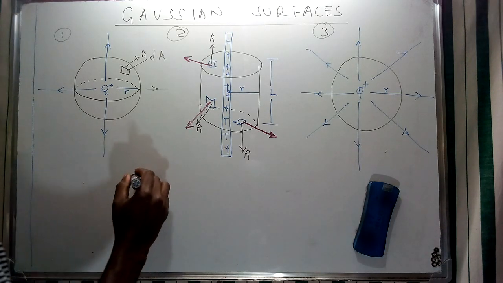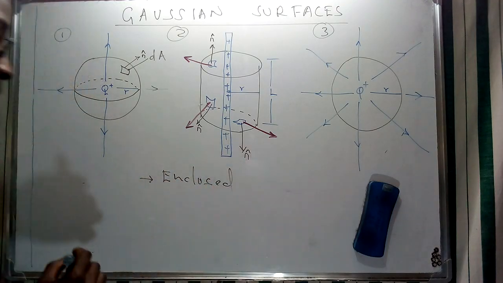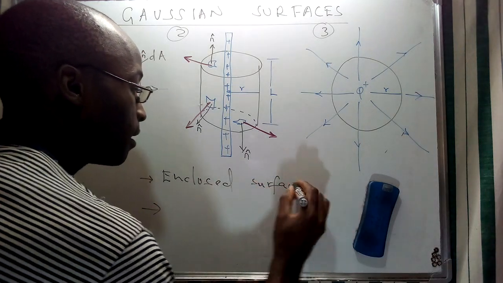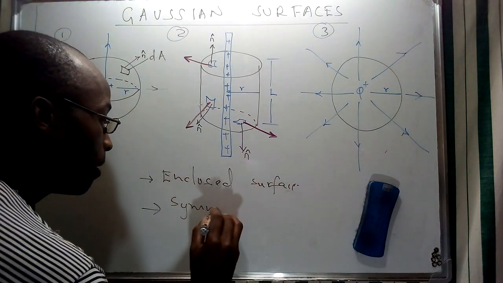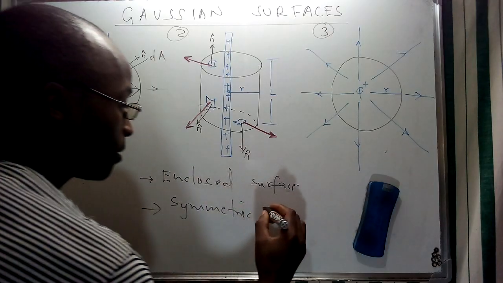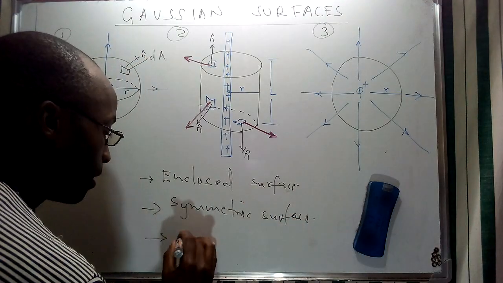So this is, in the first case, an enclosed surface. Then we see that this surface is symmetrical, which I mentioned in the first case on Gauss's law. And lastly, we see that this surface is imaginary.